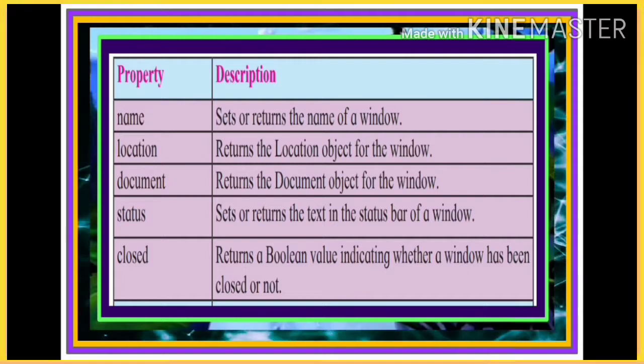Next is status property. It sets or returns the text in the status bar of a window. And last property is closed property, which returns a boolean value indicating whether a window has been closed or not. So these are some important properties of window object.